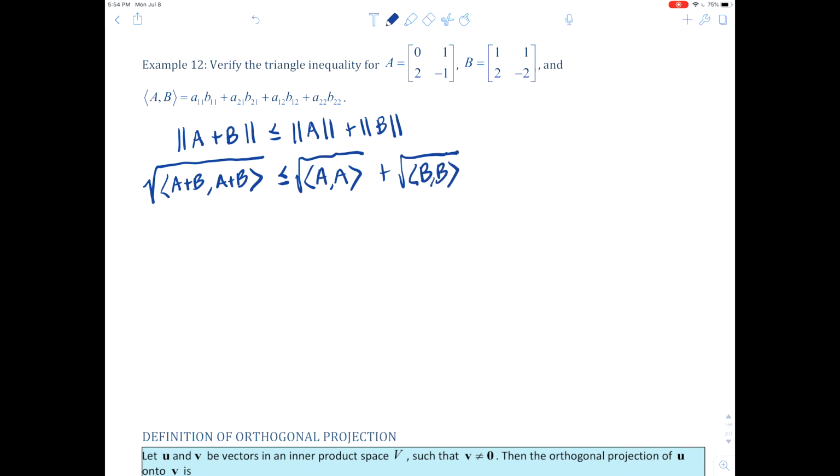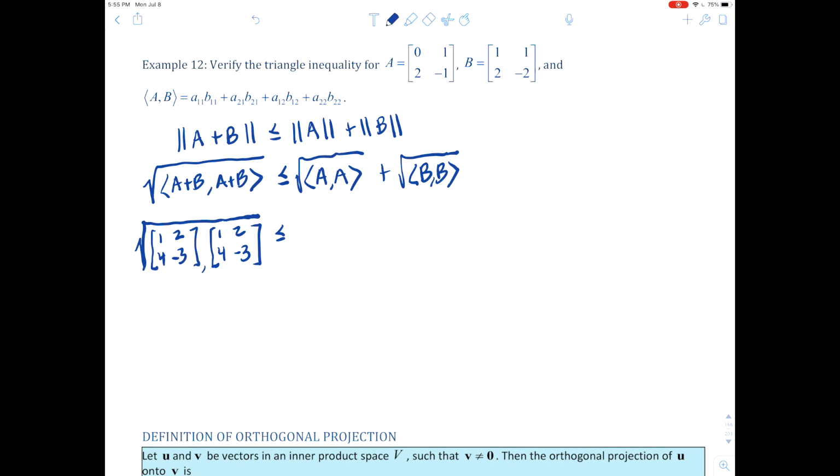So let's do it. Let's see, what is our A plus B? If we just kind of come out here, A plus B would be what? The matrix 1, 2, 4, negative 3 with itself, 1, 2, 4, negative 3. So that'll be on the left.